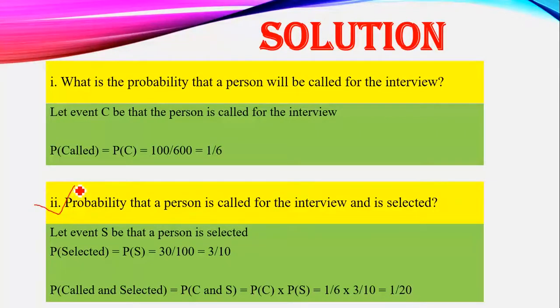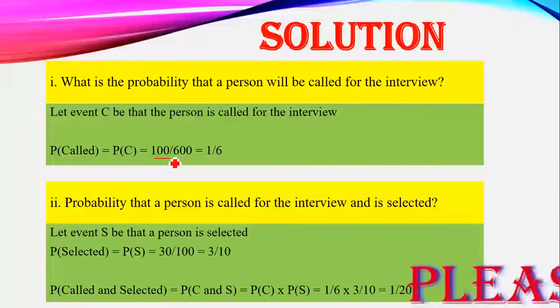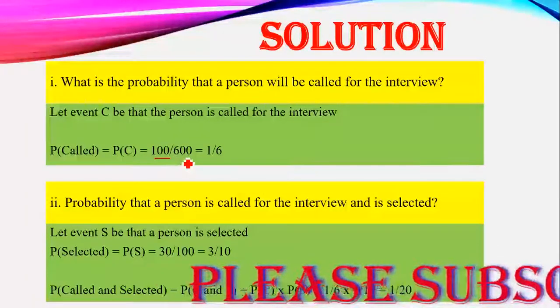The second one, probability that a person is called for the interview and is selected. You need to understand the question. You are called and you are selected. So let S be the event that a person is selected. So the probability of getting selected, which is PS, would be given by what? So like we have said, 100 people will be called for the interview.